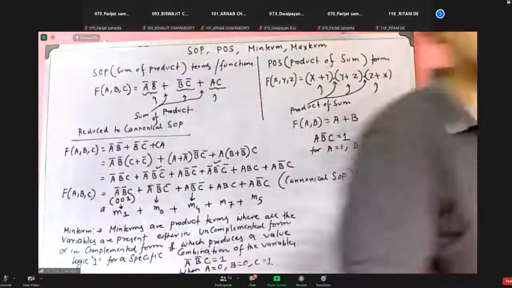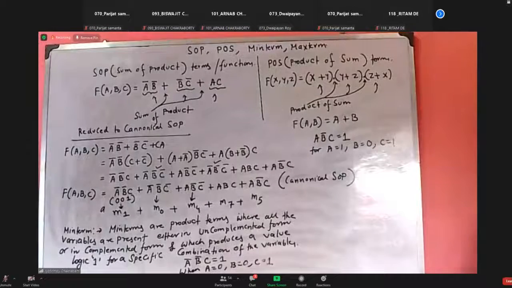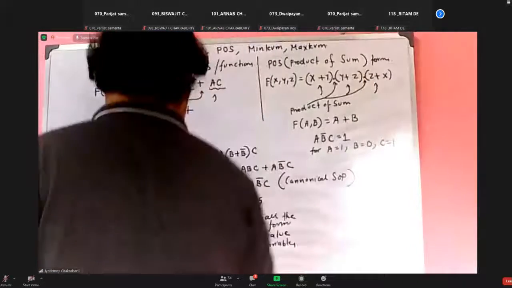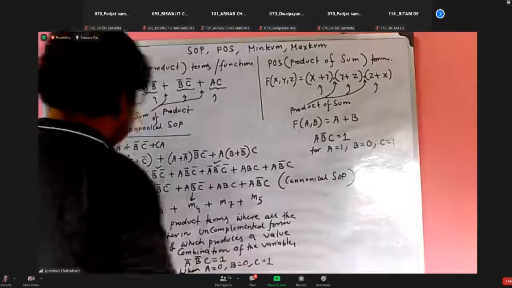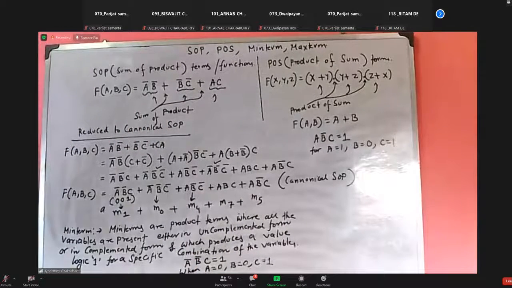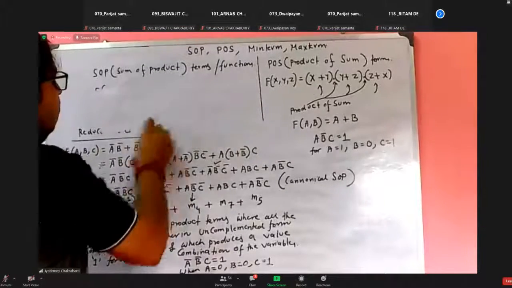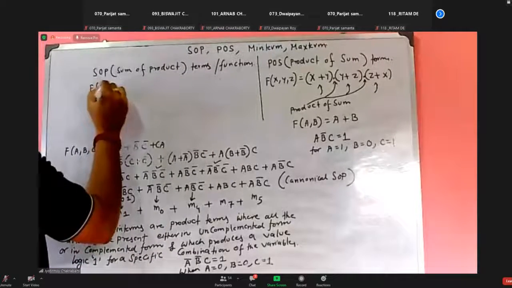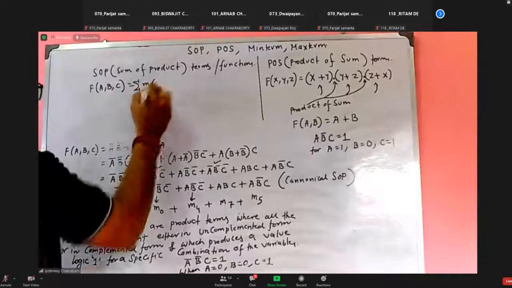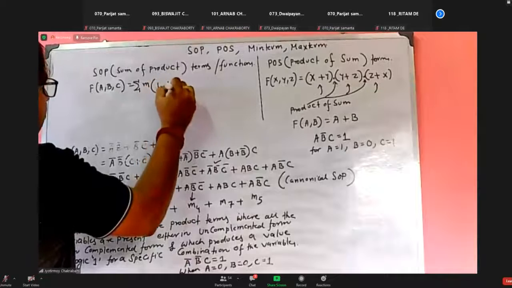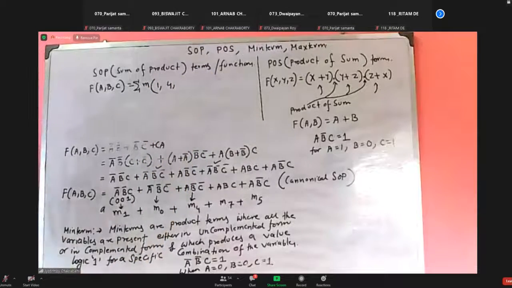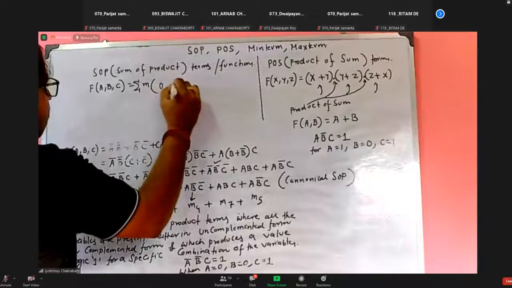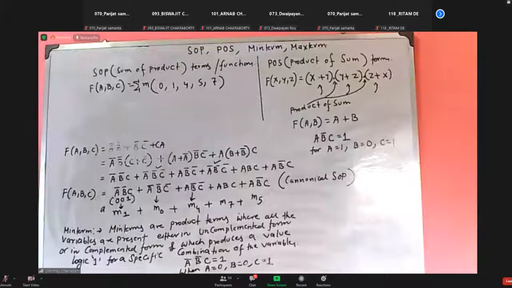So this function can be written as 0, 1, 4, 5, 7.